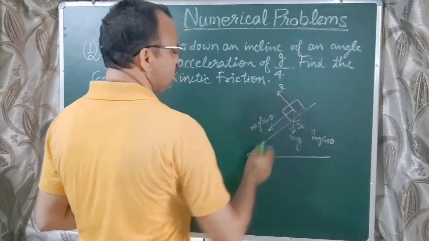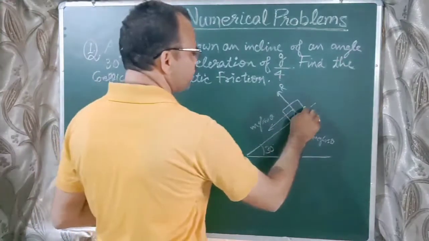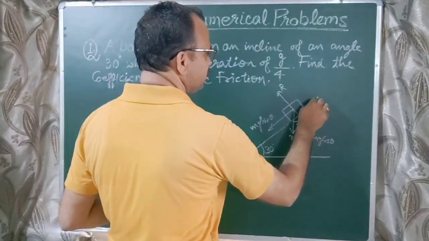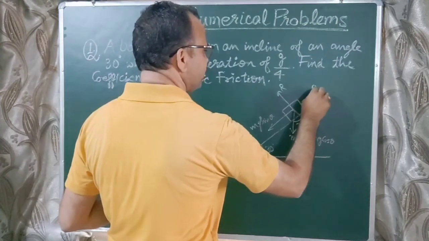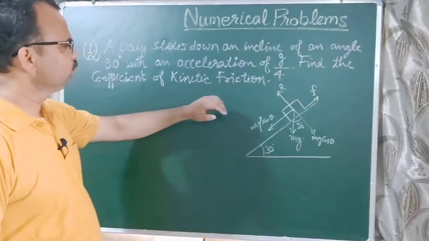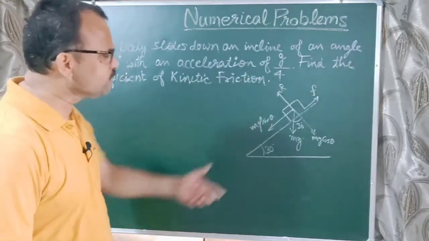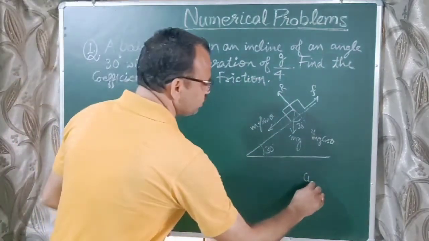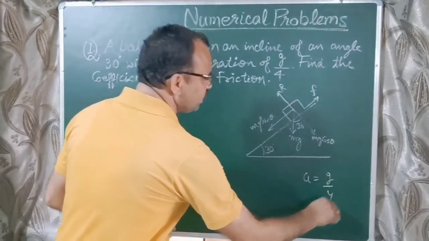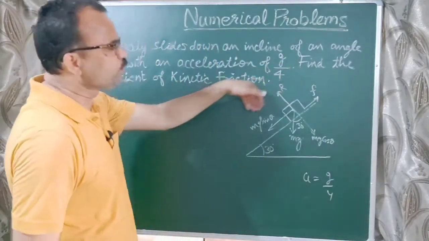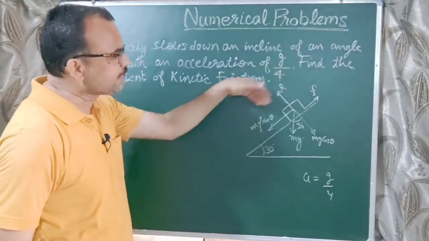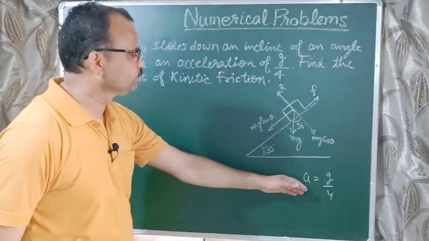As the body moves down, the frictional force acts between the two surfaces in the upward direction. When the body slides down, the acceleration produced is given as a equal to g by 4. It means the difference of these two forces produces an acceleration of g by 4.